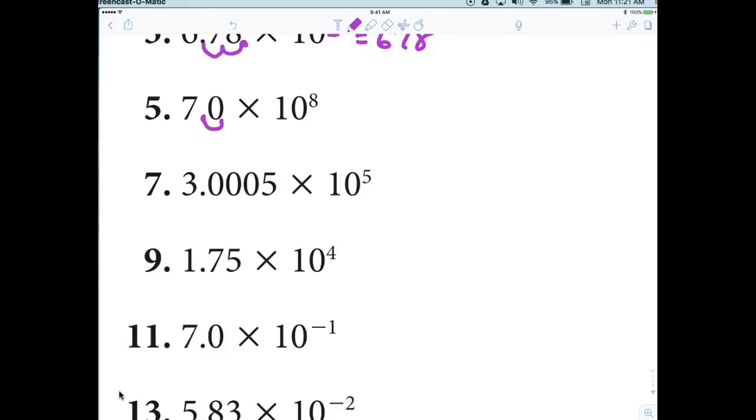But how many more zeros do I need? Shh, I want her to think. Well, how many places do I have to move the decimal? 8. So right now it's 7.0. So if I move it 8, I'm going to move it 1, and then I need how many more zeros? Let her answer. How many, Jesse?